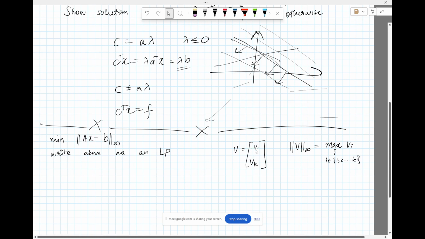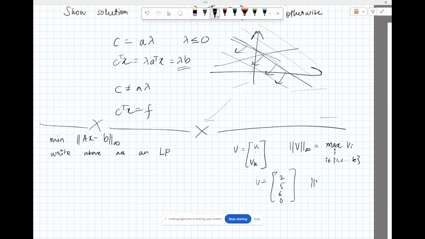The dimension of V with the maximum value, that is the infinity norm. So if V was 2, 5, 6, 0, then the infinity norm of V is 6, so 6 as the max value. Is it clear? Yes.